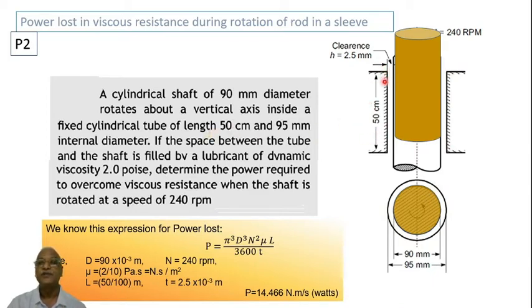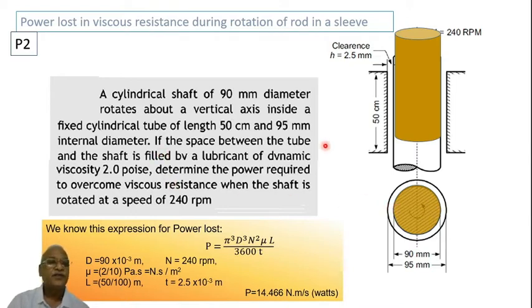Inside this tube there is a rod, and the tube has 95 mm internal diameter. The rod is 90 mm, which means there is free space available. The total difference is 5 mm, so this thickness will be 2.5 mm, and this will be 2.5 mm.